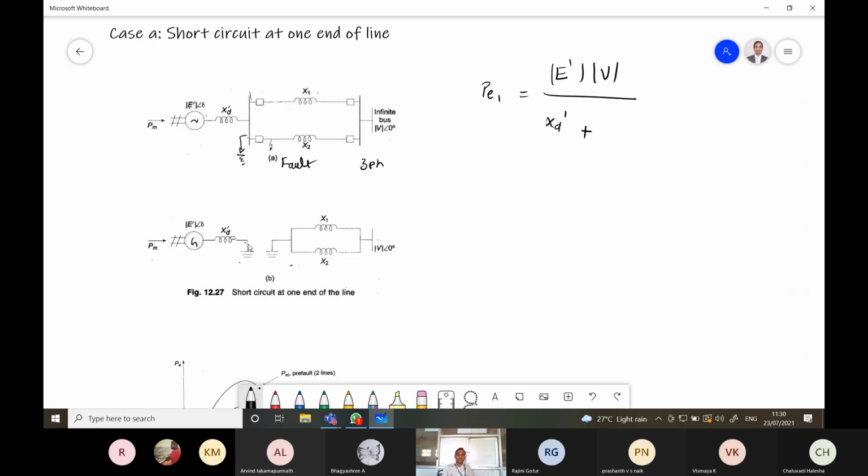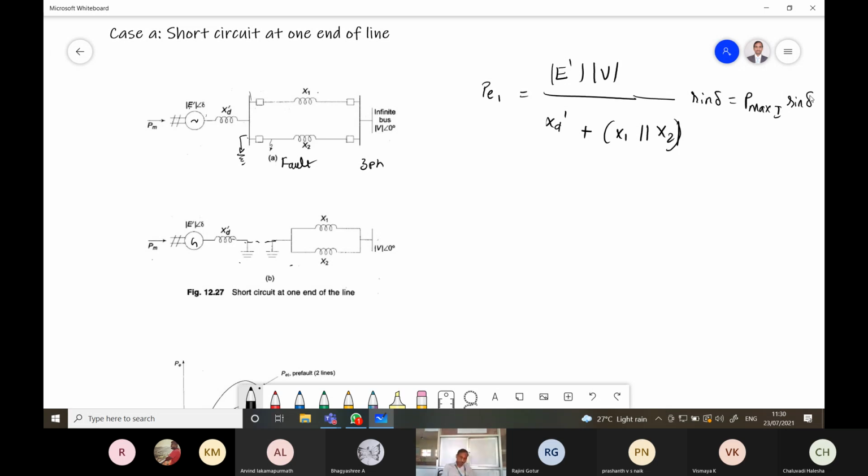This XD is connected in series with the parallel combination of X1 and X2, both along with ground. So what happens? This is X1 parallel with X2, sine delta. So this is also equal to P max 1 sine delta.